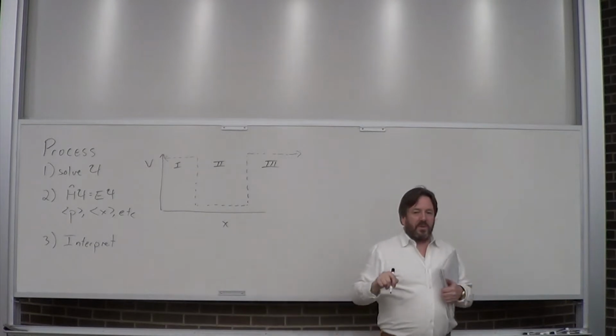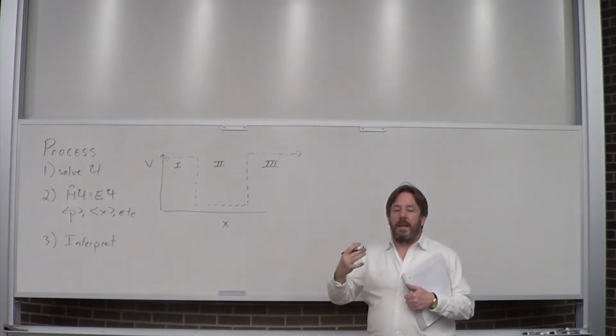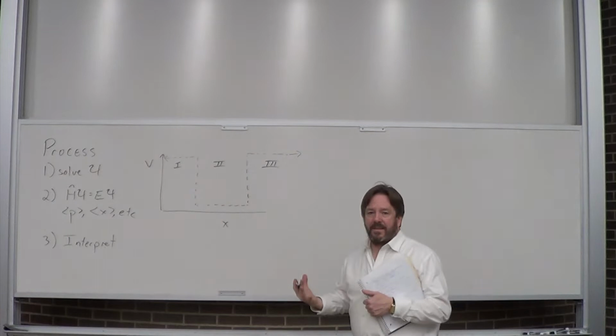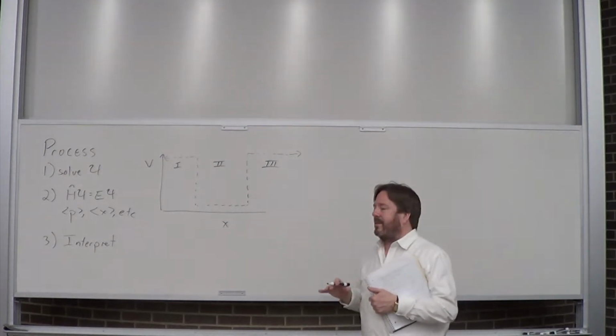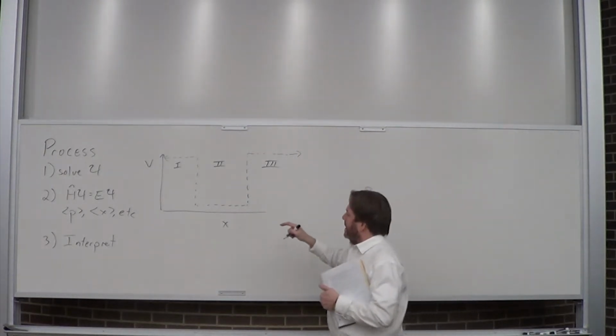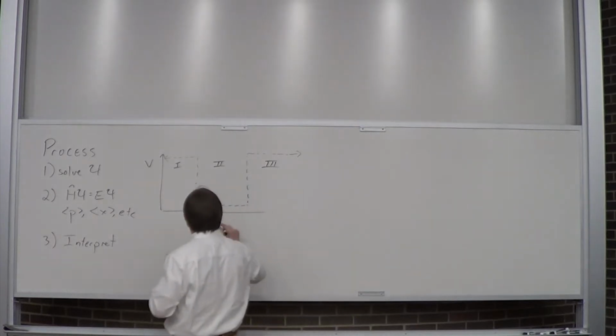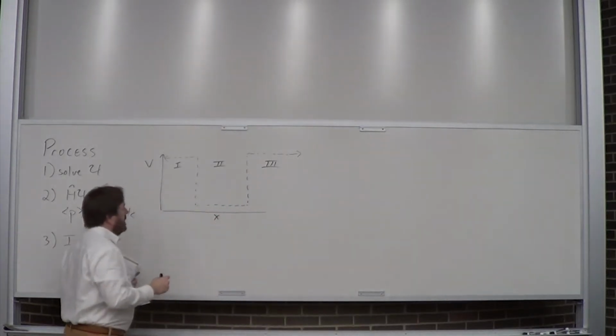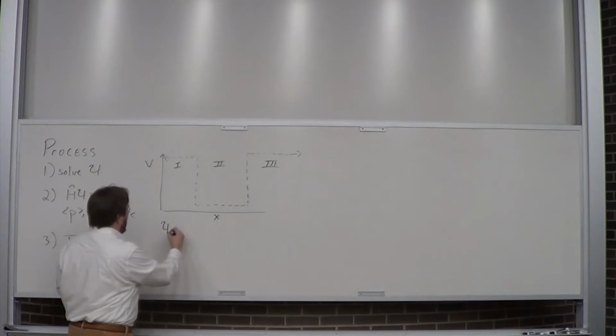These are flat potentials. Therefore, the wave functions are e to the i kx and e to the minus i kx. We've talked quite a bit about that, so you should definitely know that. So, what do I want to do here? Let me go ahead and define the wave functions.